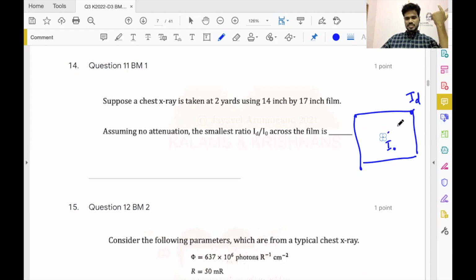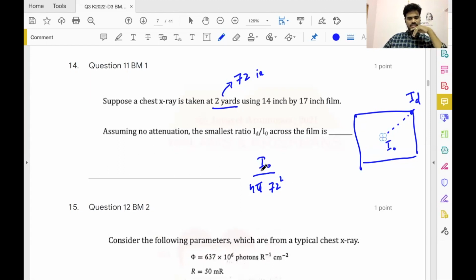So what is this distance? And 2 yards to inch conversion, anyone remember how many inches 1 yard is? 72 inches. So roughly this is I_S by 4 pi 72 square.